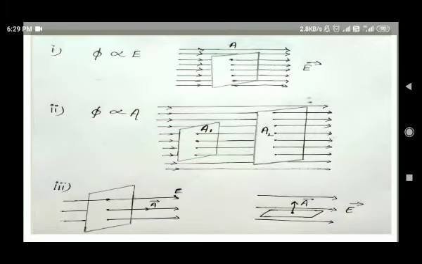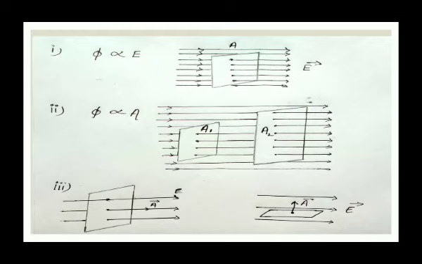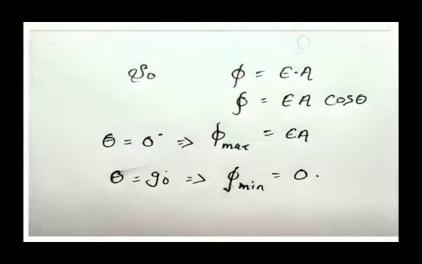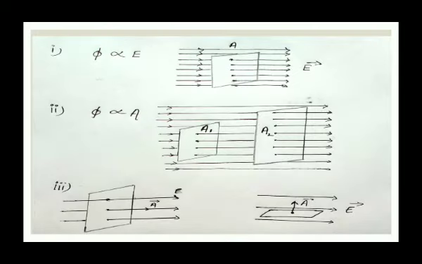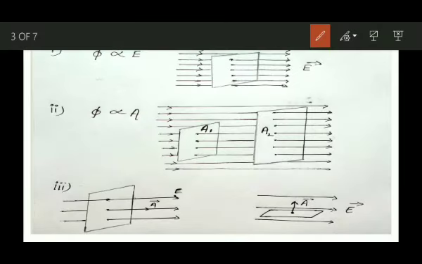Now let us see which quantities electric flux depends on and what the mathematical formulas are. So let's talk about the electric field, in which these electric field lines are passing through that area. If the magnitude of the electric field lines is maximum, then the electric flux is definitely maximum.